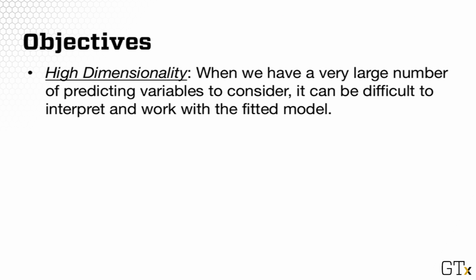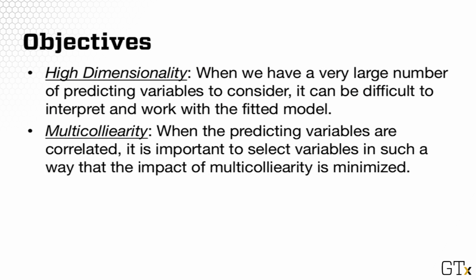Models with many predictors have low bias but high variance. Models with few predictors have high bias but low variance.